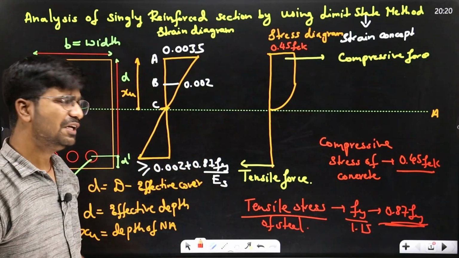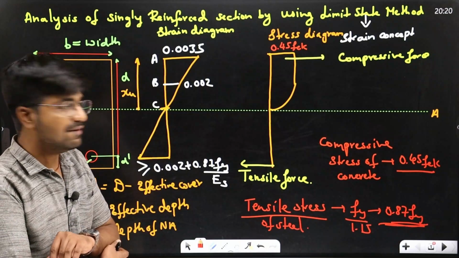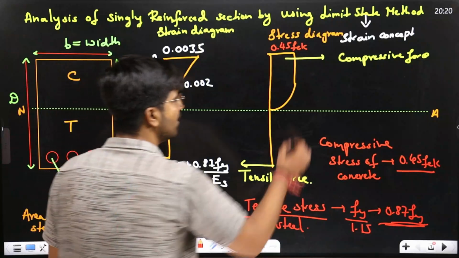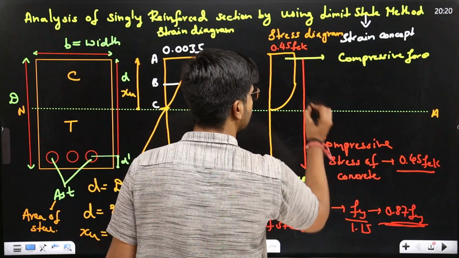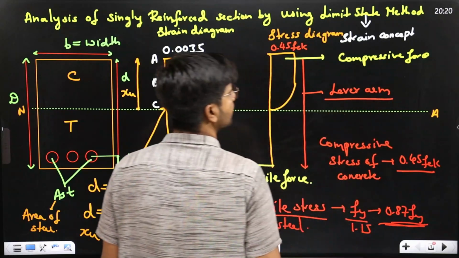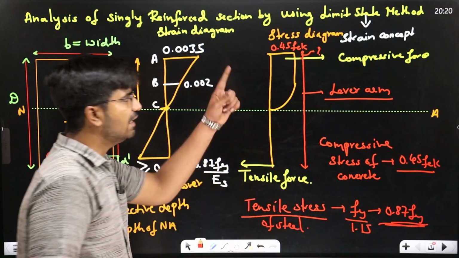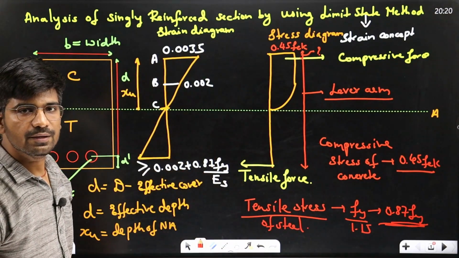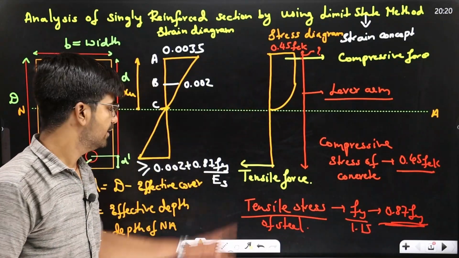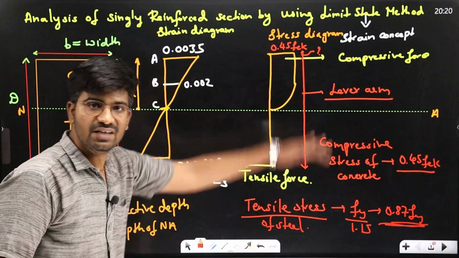Okay. Now in further class, we will analyze this diagram and we will determine what is compressive force, what is tensile force, and what is the lever arm. I will explain what the lever arm is. In the next class we will discuss compressive force of concrete, tensile force of steel, and the lever arm.